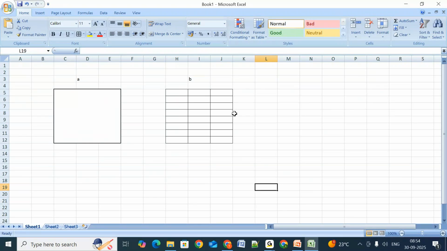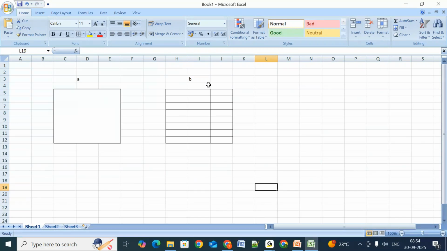Forget about rows, if you don't have columns, it is not a table. If columns are there, obviously rows will be present. If you don't have rows and columns, then this is nothing but a box.